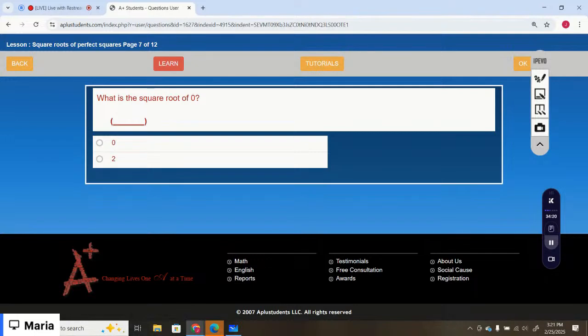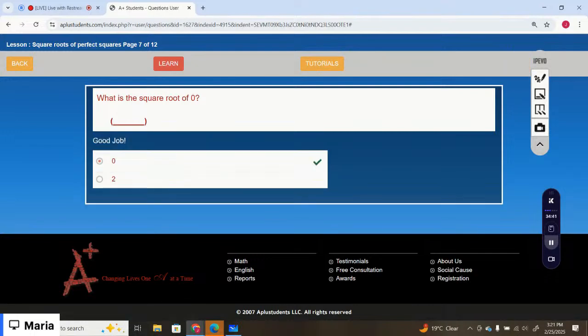What is square root of 0? That is 0. Square root of 0 is 0. Option number 1 is the correct option.